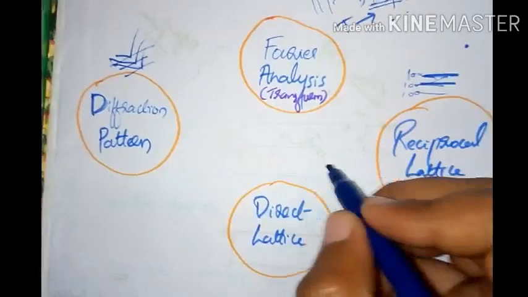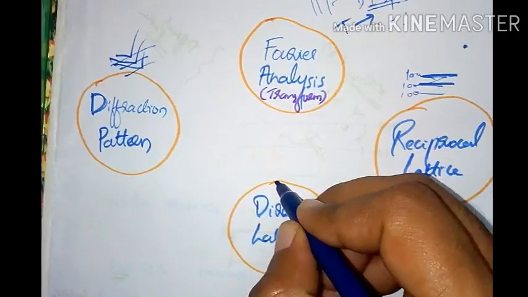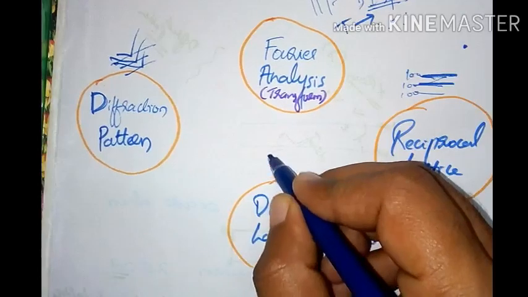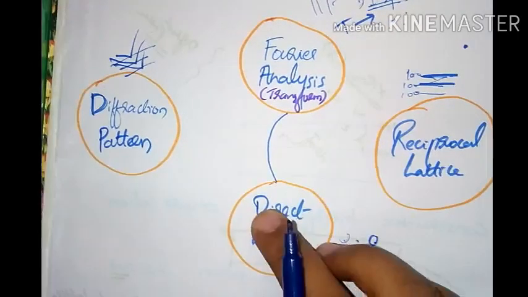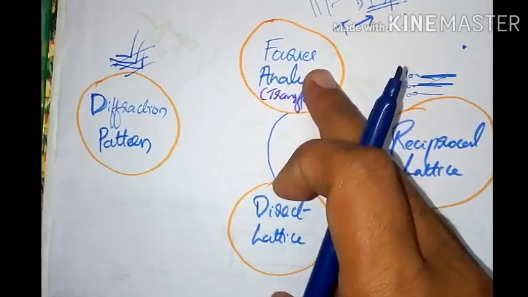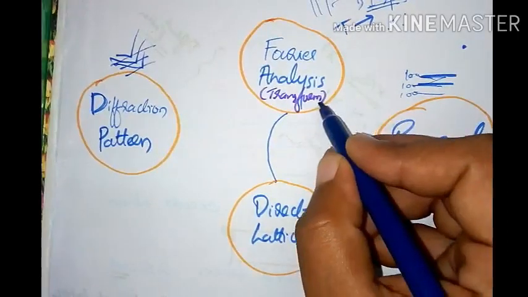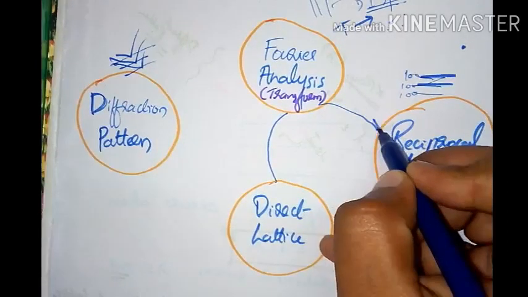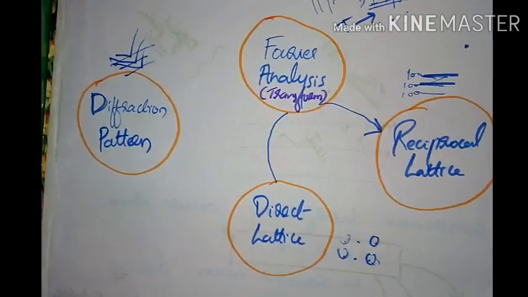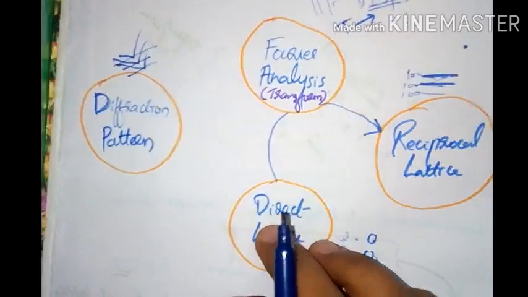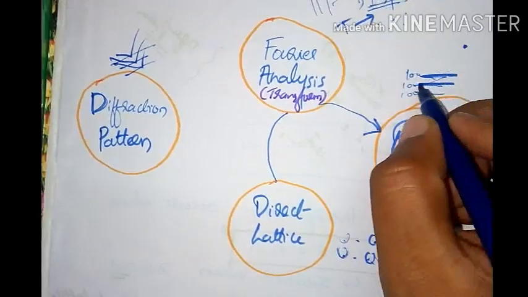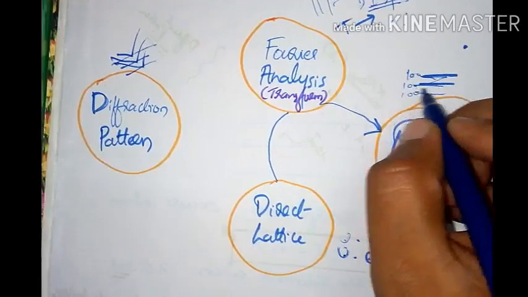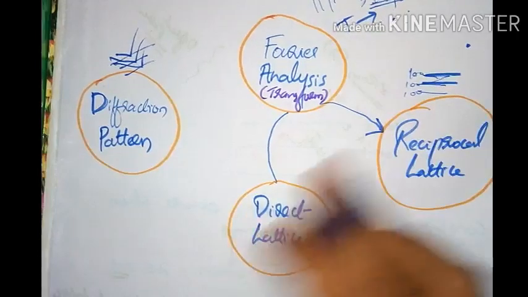A direct lattice is related by a Fourier transform. If we take a direct lattice and take its Fourier transform, we can obtain a reciprocal lattice. Essentially that is what is happening here. You can see different types of planes here.